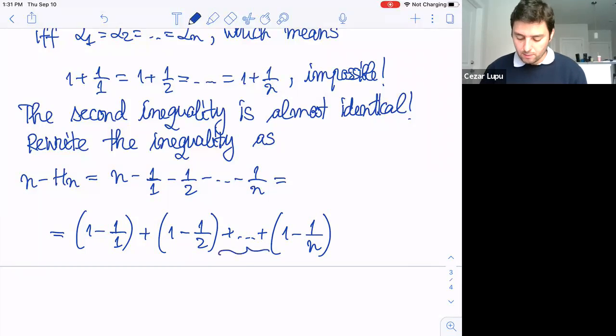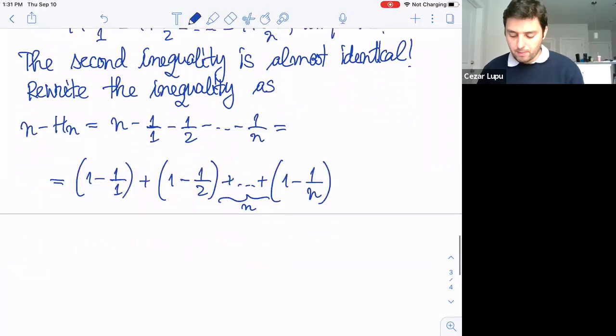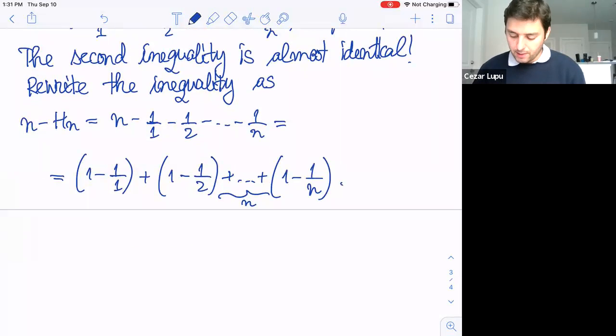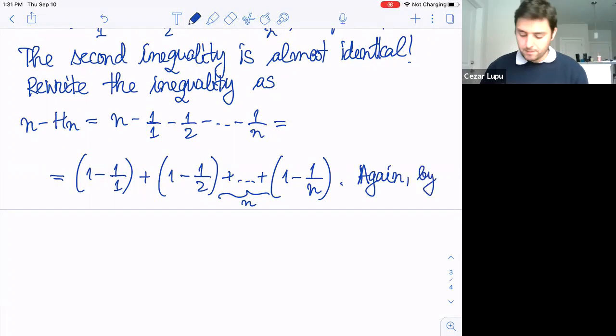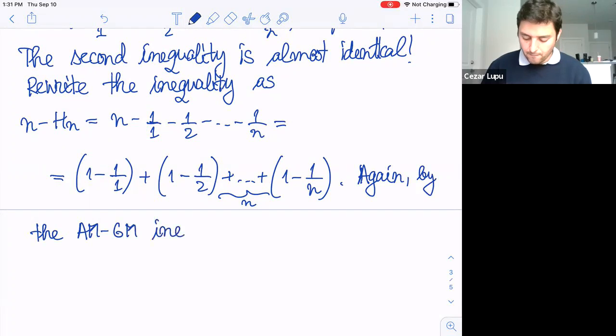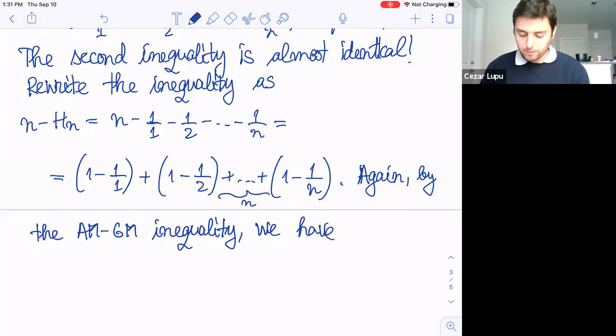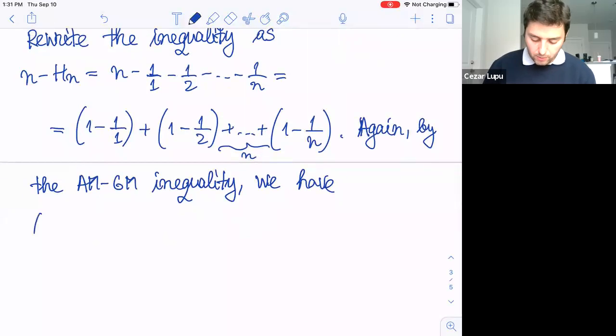And again, by the AM-GM inequality, we have, so at this point, you know how to apply it.